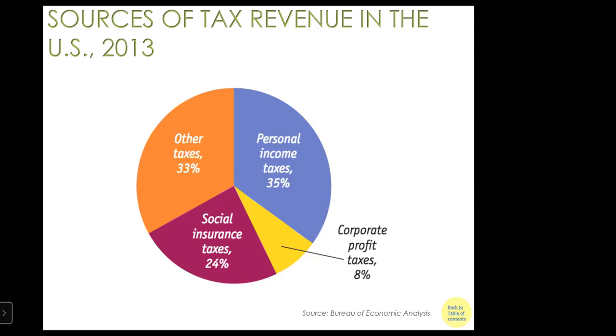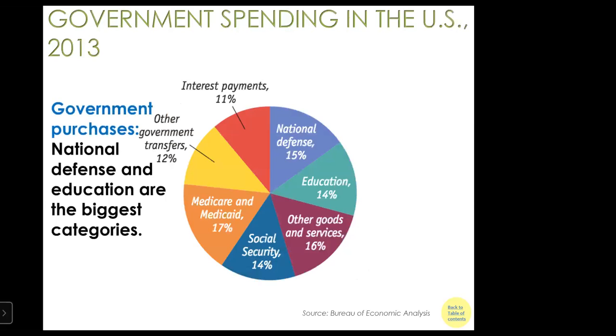Okay, so this is the tax revenue. Now, this just gives you a sense of how the government is going to spend those tax dollars, right? The biggest item here is Medicare and Medicaid, right, which is 70%.